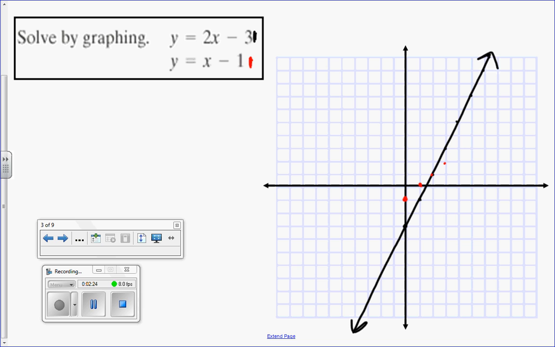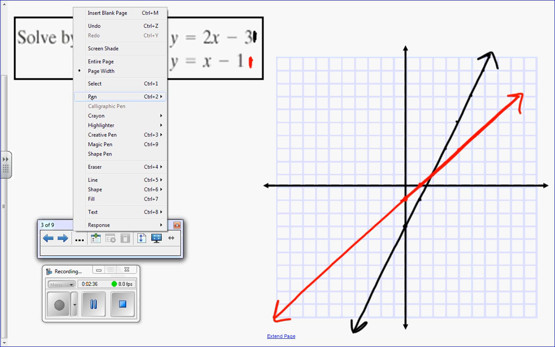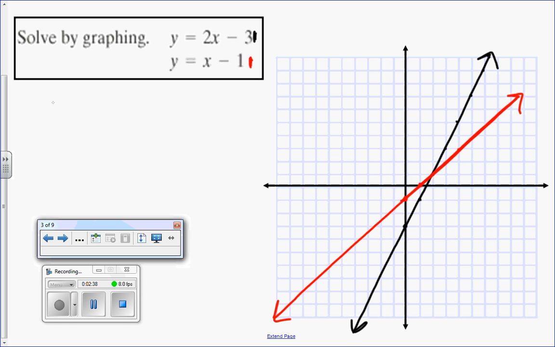And I take a ruler and I draw that line. The solution to the linear system is the point where the two lines cross, and that's right here. That coordinate point is 2, 1. And so the solution to this system of linear equations is 2, 1.